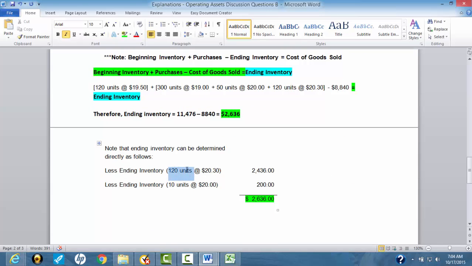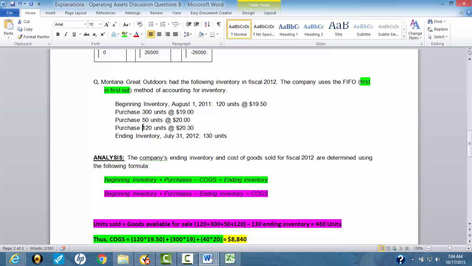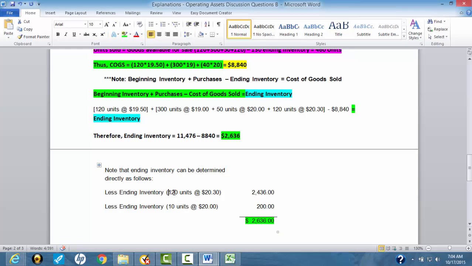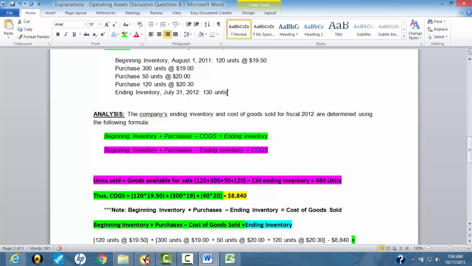120 units, the last that came in, is what is remaining at 20.30. That's right here. And we multiply that and we get 2,436. But recall that the ending inventory is 130 units. So we need 10 more units.